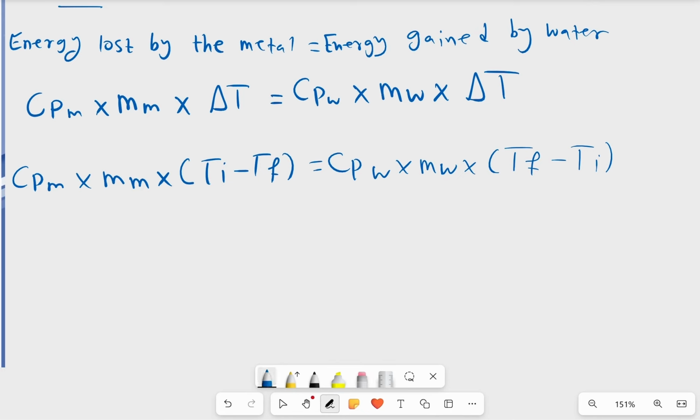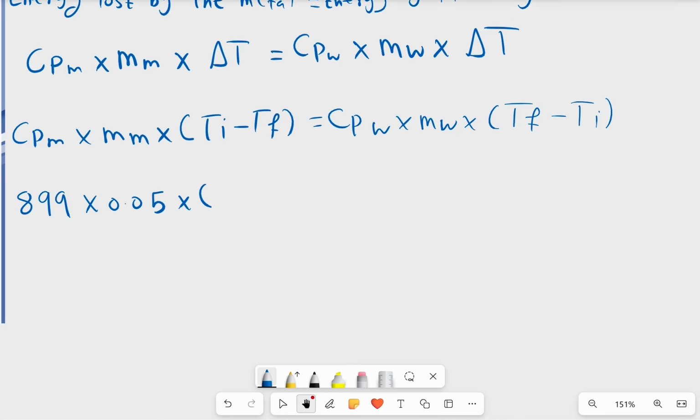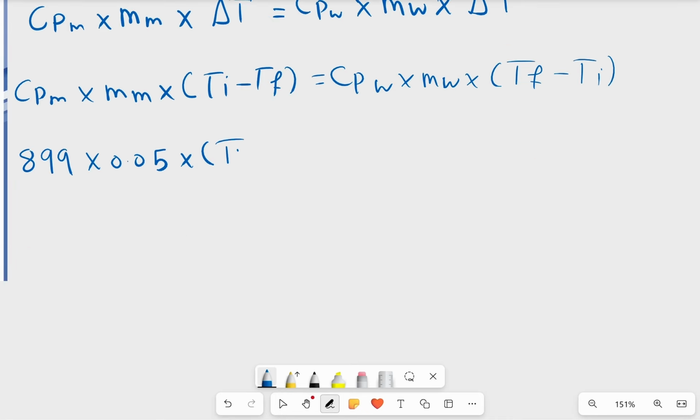Specific heat capacity of the aluminum is 899 times mass of the aluminum, 0.05, times T initial minus T final. Do we have T initial for the metal? No, we need to find it. Do we have T final? Yes, it was the same as the water, 25 Celsius.